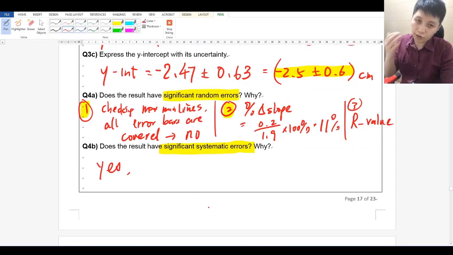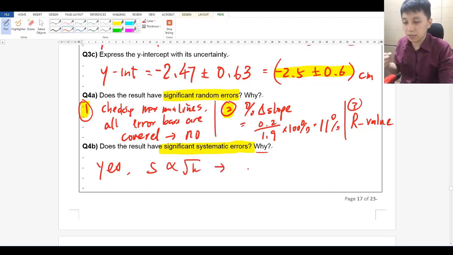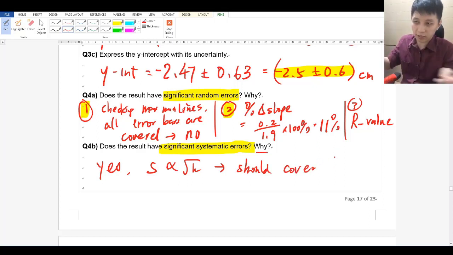Okay, and of course you have to explain why. And the reason is you can say, supposedly s should be proportional to root h, and that means the range of the max mean line should cover the origin. Of course, I'm trying to put down the brief wording. You can phrase it in a more detailed and precise wording.